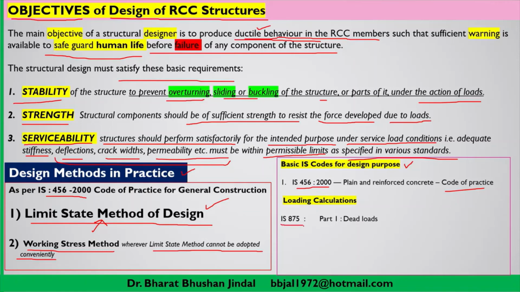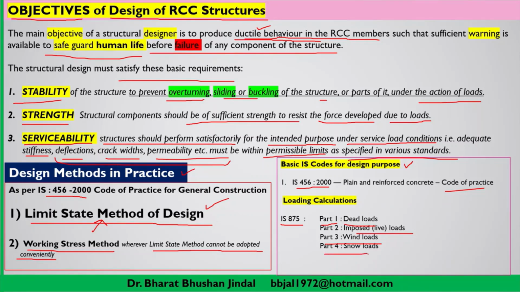There is a series of codes, IS 875. In part 1, information regarding the dead loads is given. In part 2, imposed or live load information is available. Part 3 is devoted to wind loads wherever structures are subjected to winds of high velocity.